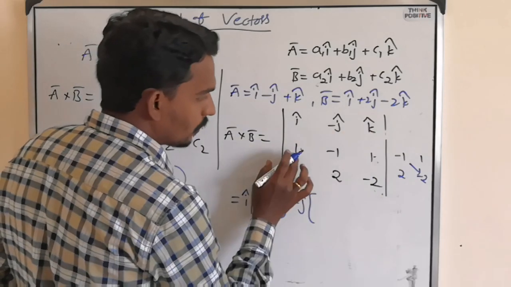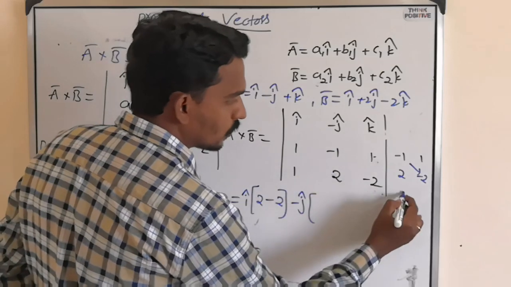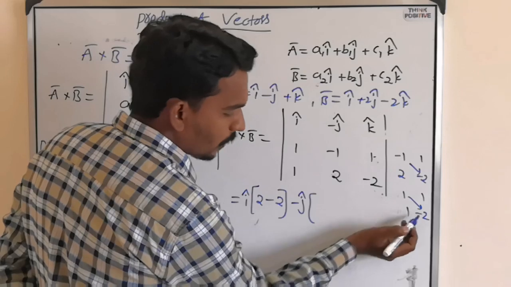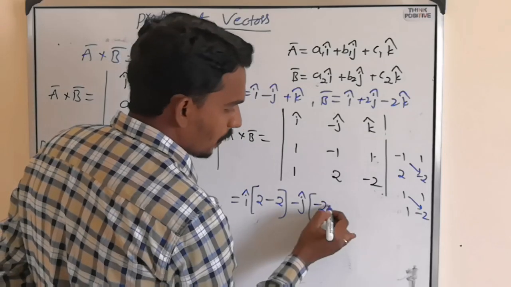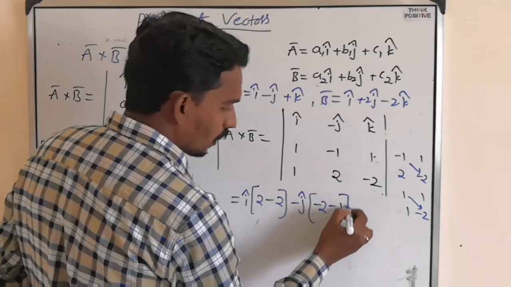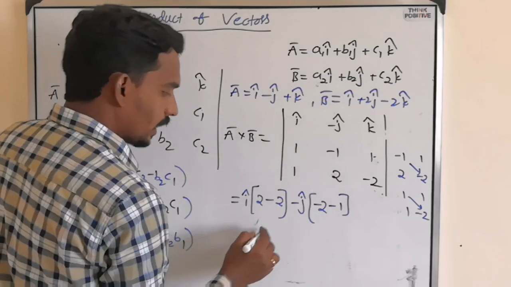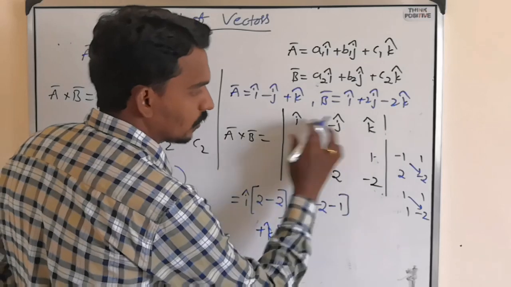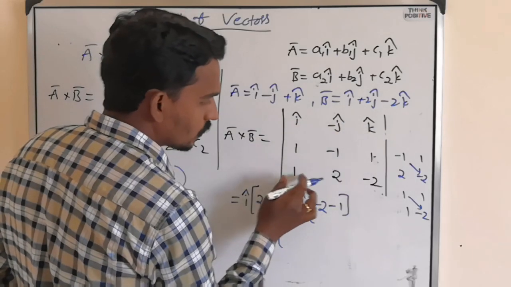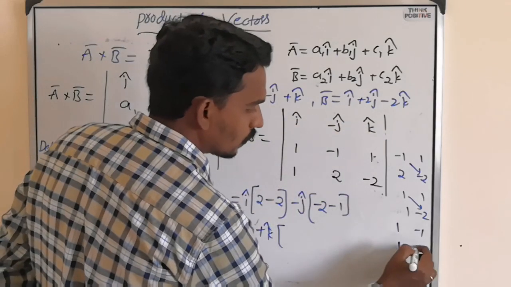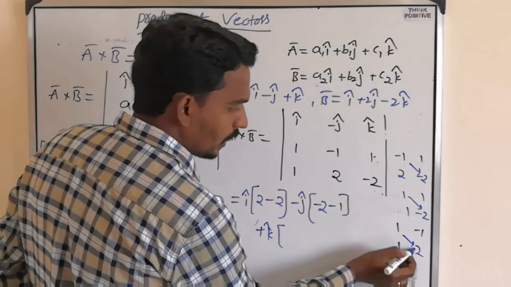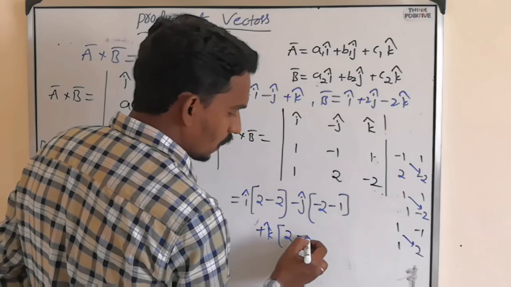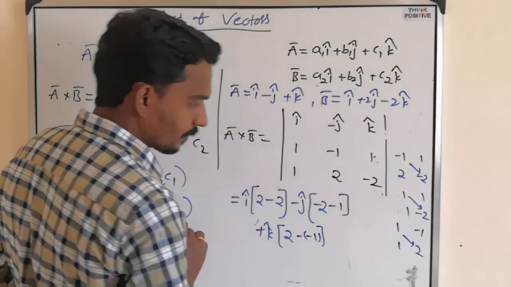You will remove, then remains 1, 1, 1, minus 2. Cross multiply: 1 into minus 2 minus 1 into 1. Then k cap. This and this you will remove, then remains 1, minus 1, 1, 2. Cross multiply: 1 into 2, 2 minus 1 into minus 1, minus 1.